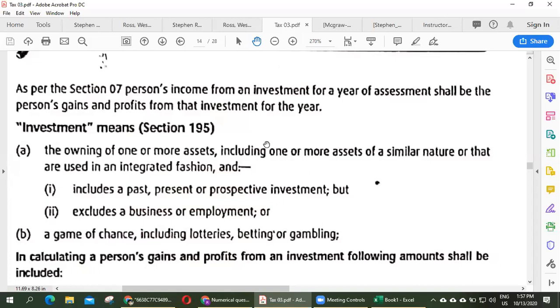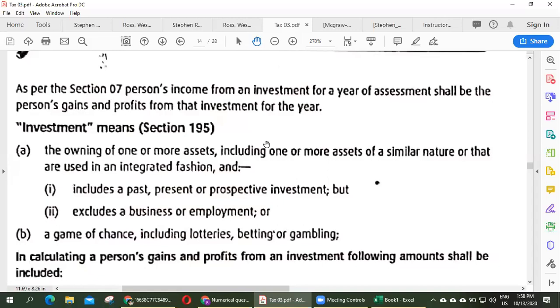Investment, according to section 195 of the Inland Revenue Act, is defined as the owning of one or more assets, including one or more assets of similar nature or that are used in an integrated fashion, and includes a past, present, and prospective investment, but excludes business or employment income.